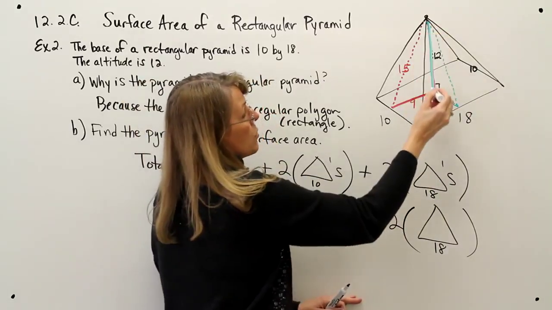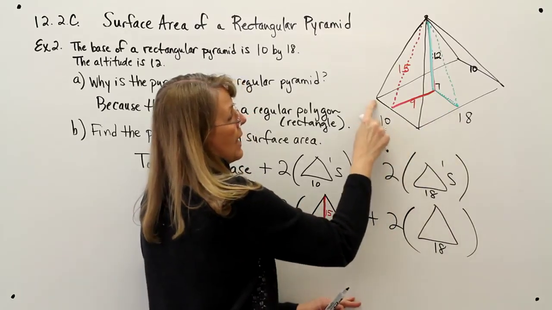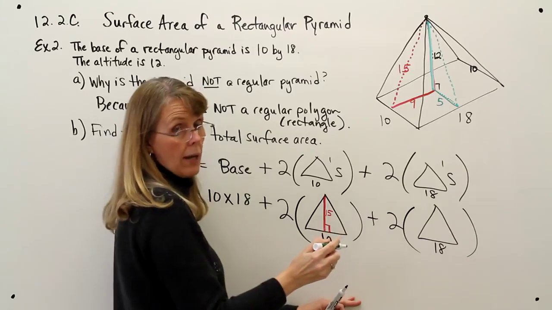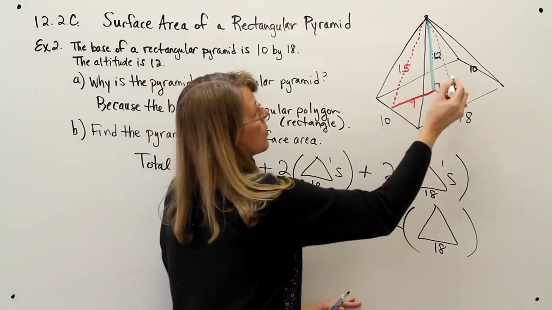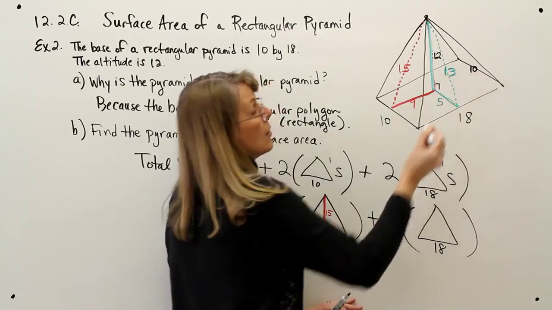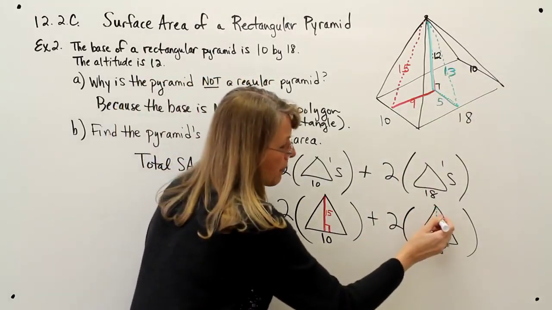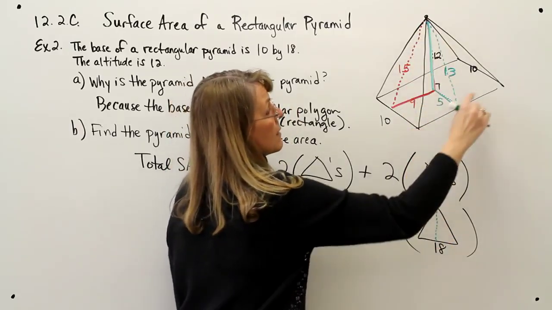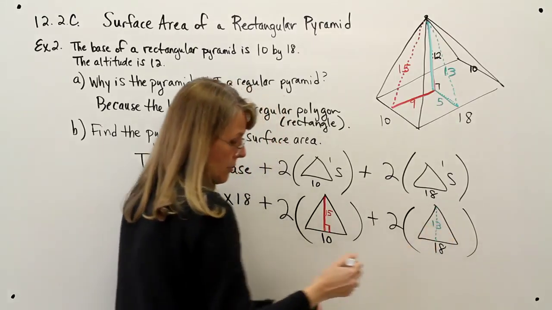I know this is 12. This segment right here should be half of this 10. That's 5. It is a right triangle, so I have 5 and 12, so I know this piece should be 13. That's important because this slant height represents the height of this triangle in front. So that we said was 13.